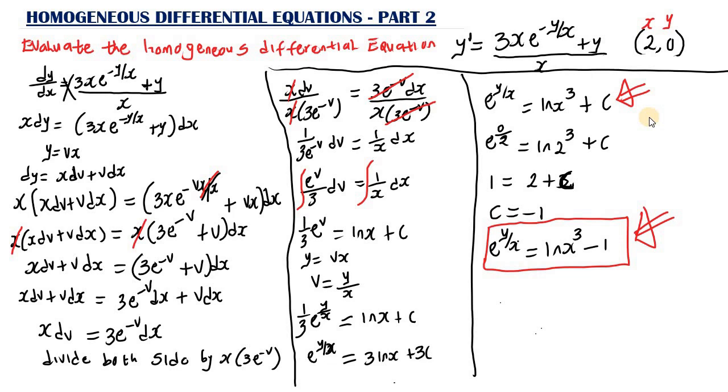This is what we know as the particular solution. But if you are not given a point, you need to stop here. You don't need to find the value of c, because you are finding the general solution to the differential equation. So this is how we can find the particular solution to the homogeneous differential equation. So this is the end of this lesson.